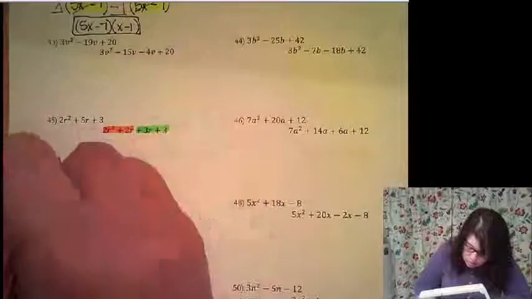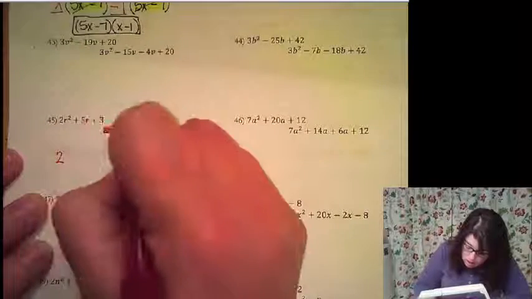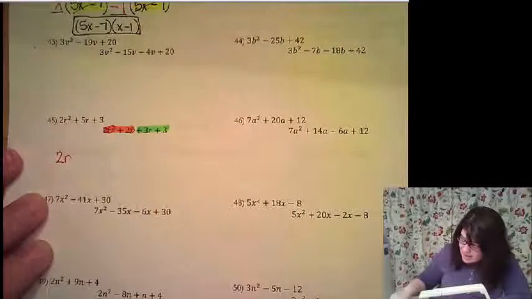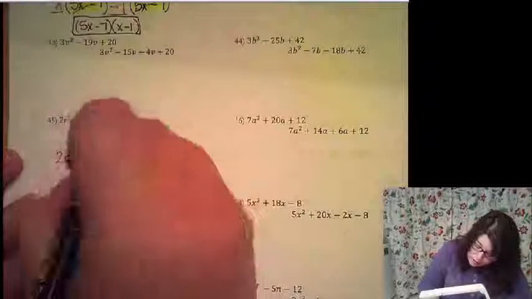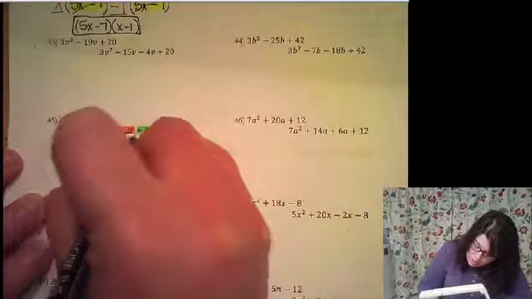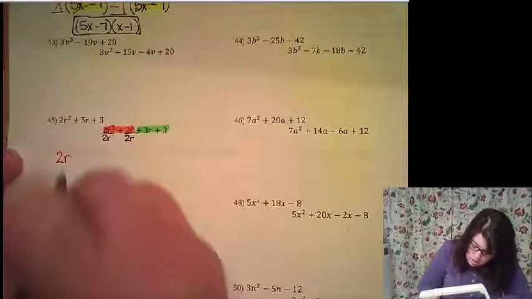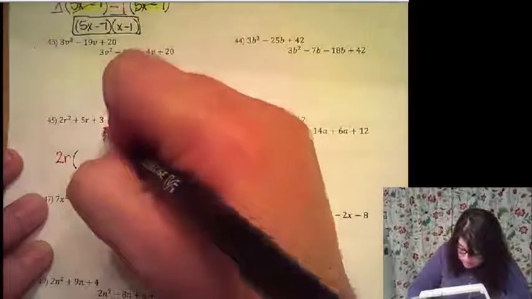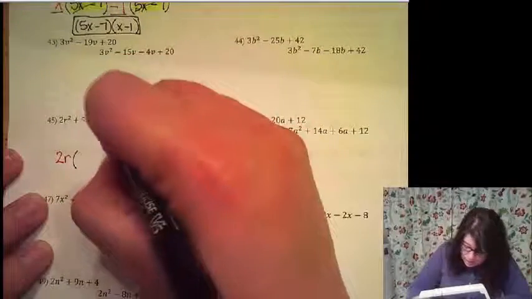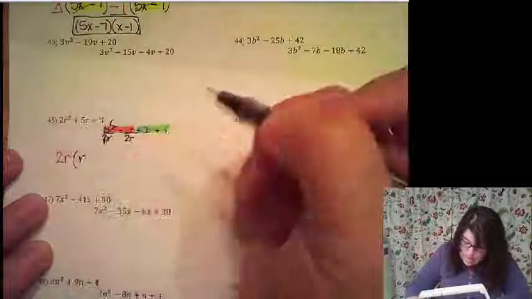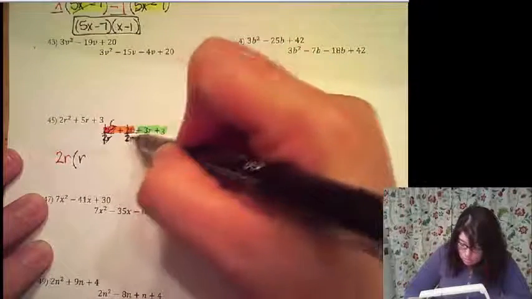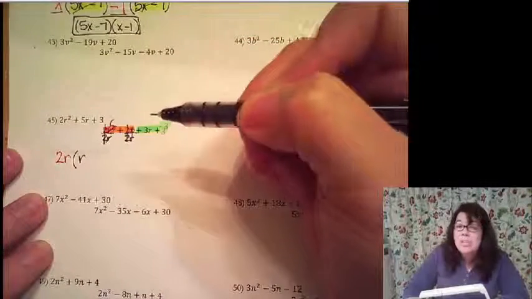I can factor out a 2. r squared and r, I can factor out an r. Now, to see what's left over, let's divide by 2r because that's what we factored out. So what's left over? Well, my 2's will cancel, one of my r's will cancel, and I just have an r left over. Here, 2's will cancel, r's, whoa, everything cancels.